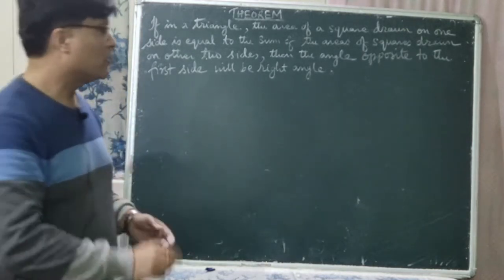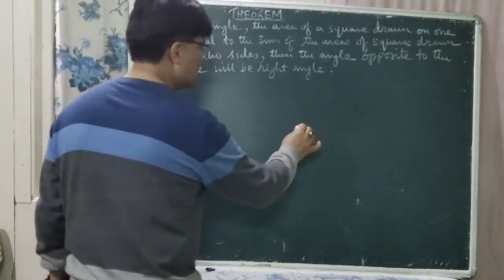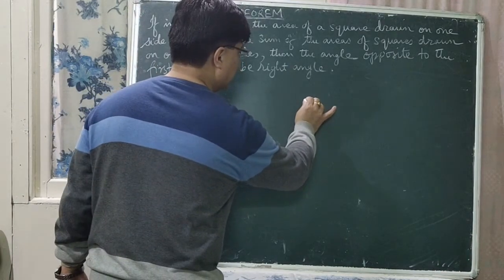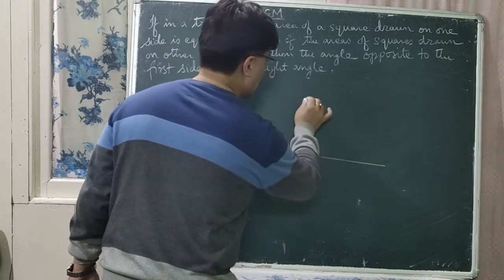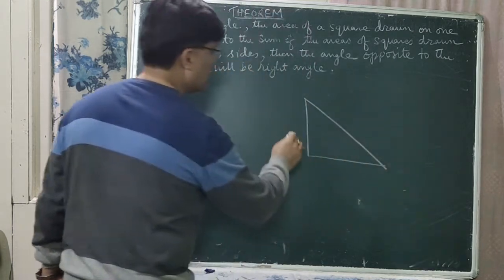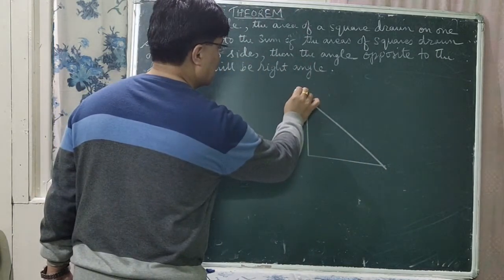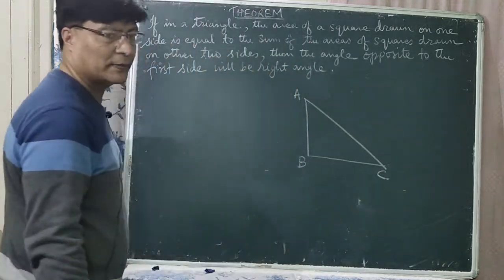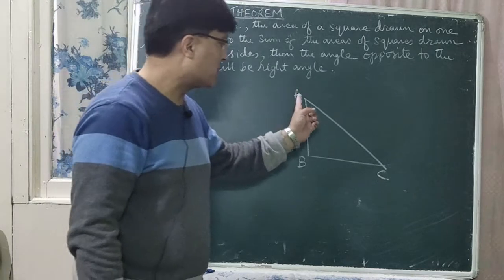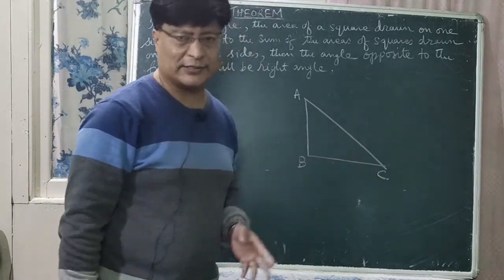Is that clear? So now, suppose a triangle is given. Suppose this is a triangle, with vertices A, B and C. Suppose AC is one of the sides.